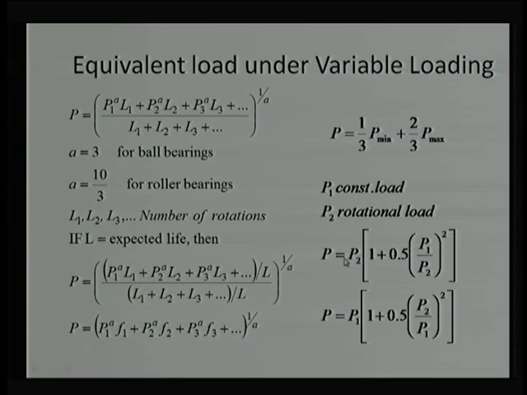If P1 is equal to P2, we can choose either relation, because both relations are going to converge to the same result. You can see if P1 is P2, this will be 1 plus 0.5, and here also P1 and P2 give the same relation. So whenever P1 and P2 are equal, I can choose either relation. When P2 is greater than P1, I will choose this relation. When P1 is greater than P2, I will choose this relation.